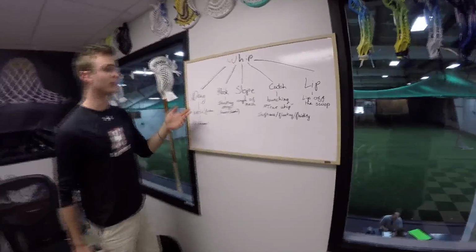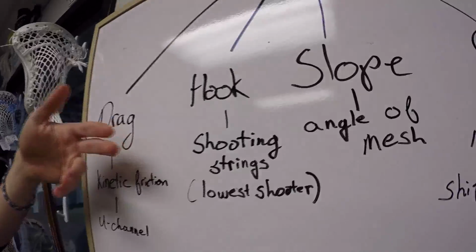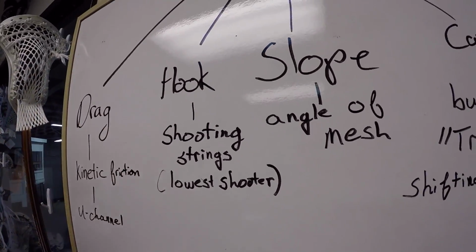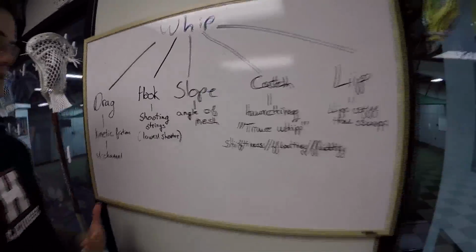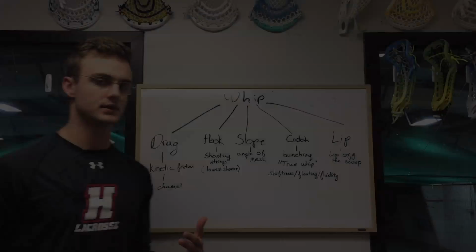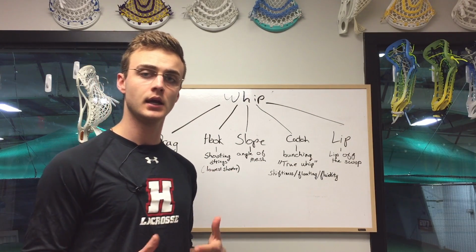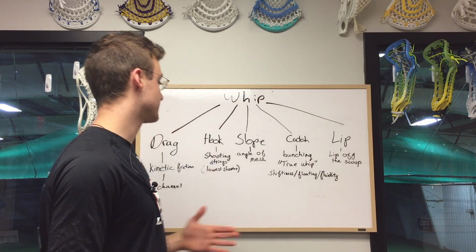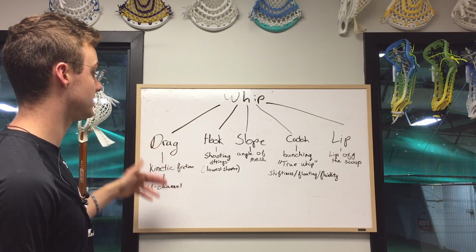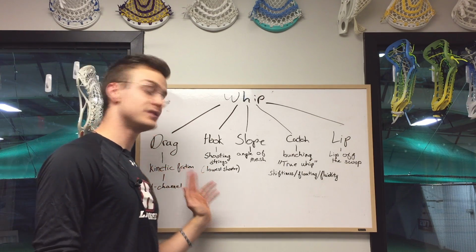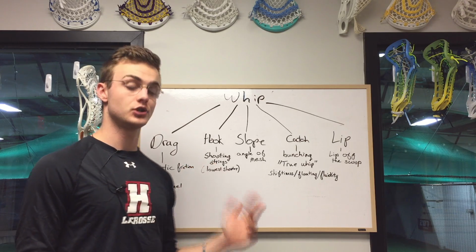The next category is hook. Now, hook is one that Sam has really brought my attention to more as we've worked together in terms of the idea of having a shooting stick, and hook is really how the pocket is affected by the shooting strings, in particular the lowest shooting string.